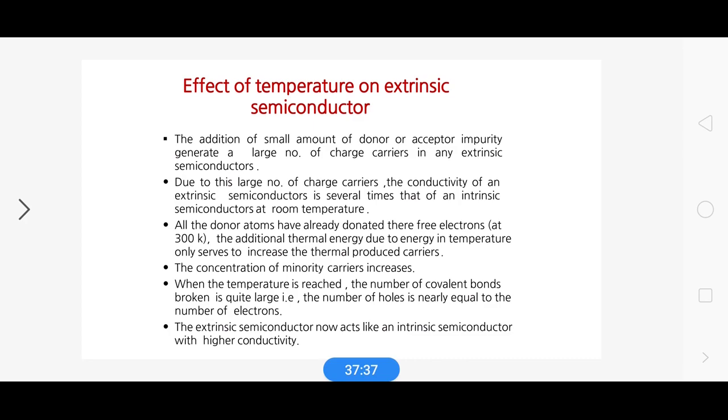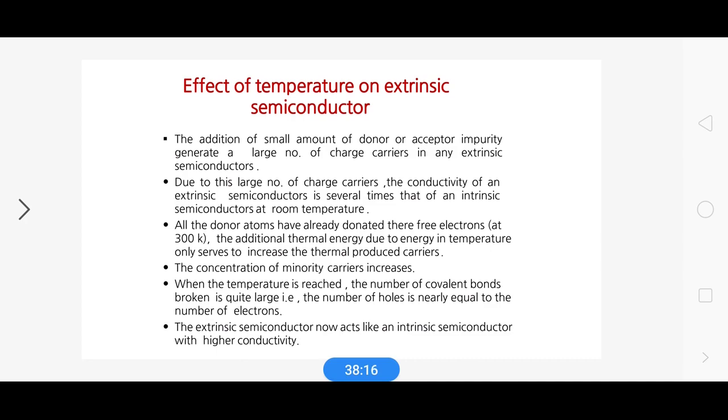Means by adding the donor atoms, electrons are generated. By adding the acceptor impurity, holes will be generated. But to increase the minority charge carrier population, the thermal energy is required. And when the temperature is raised, the number of covalent bonds broken is quite large, and the number of holes is nearly equal to the number of electrons.